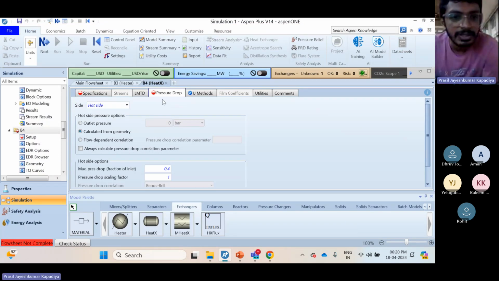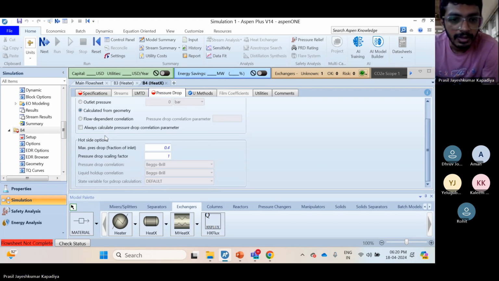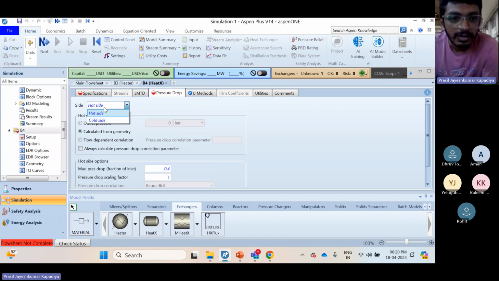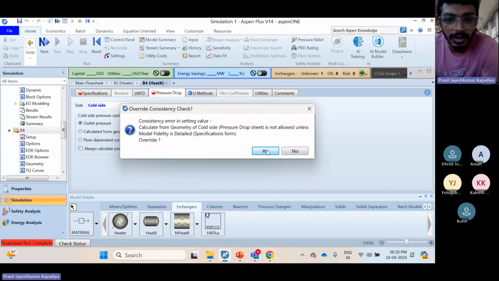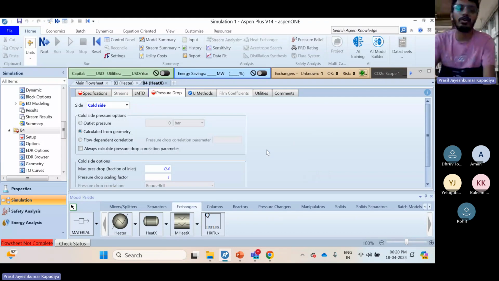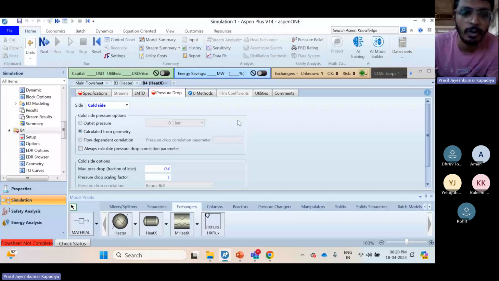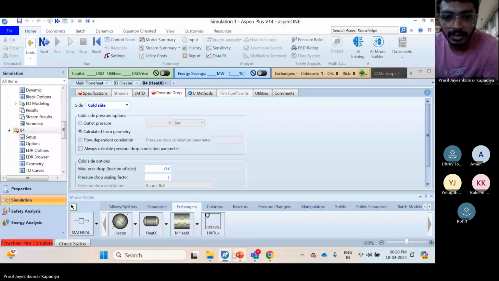You can see the pressure drop from here. Outlet pressure we can either specify or it can automatically calculate these values from geometry, for shell side and tube side. If you remember the theoretical design part, you need to have some tolerance for pressure drop. So it calculates pressure drop, and we can see it from here only.